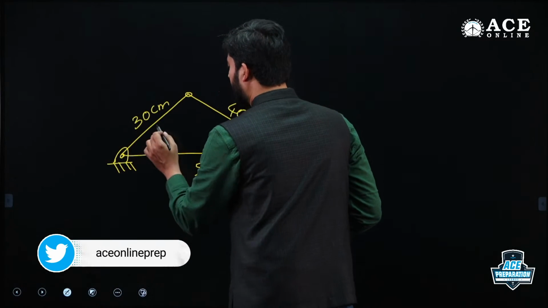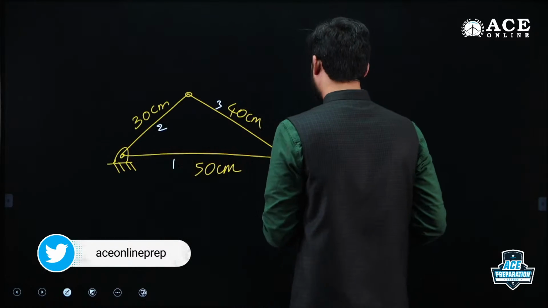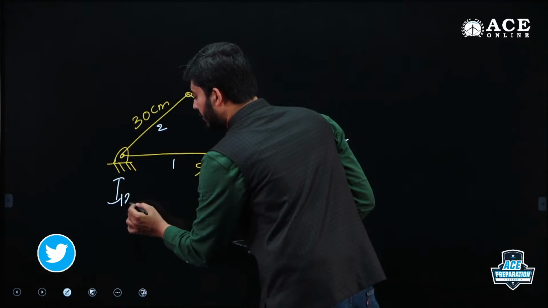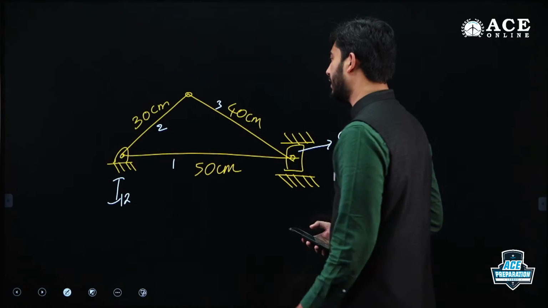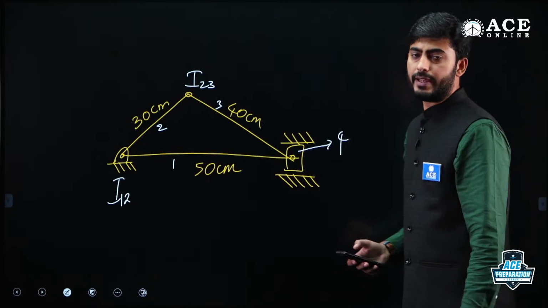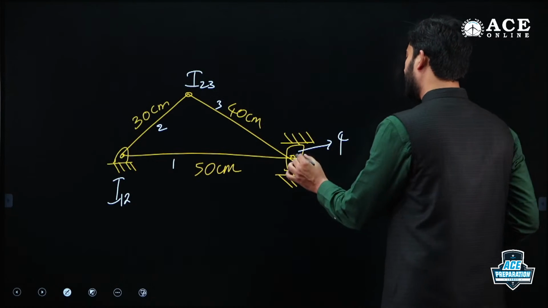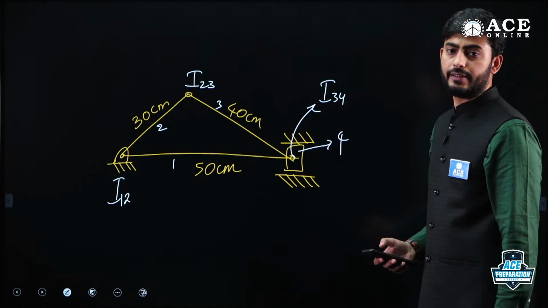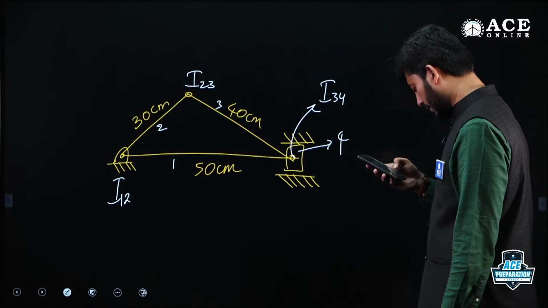This will be link 1, link 2, link 3 and link 4. This will be I12, a revolute joint, so it will be directly I12. Next will be I23, guys. Similarly, this will be I34, right?